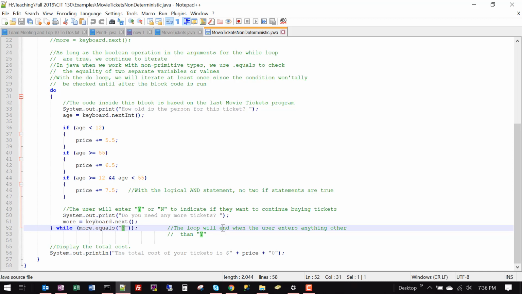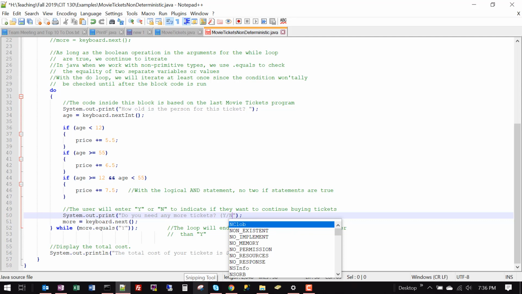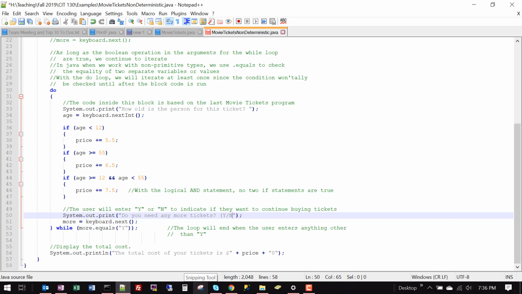Now, from an interface standpoint, what we might do here is say Y/N and have that indicate what we want them to put in.